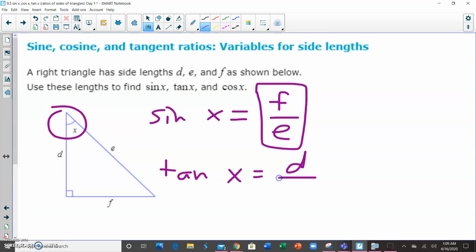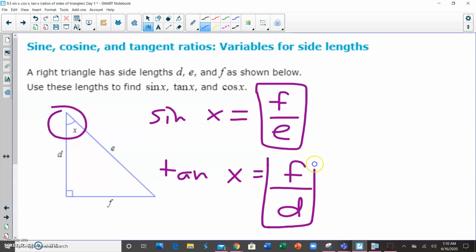Okay, so the tangent of angle X is going to be opposite, which is F, divided by adjacent, which is D. And there is your tangent.